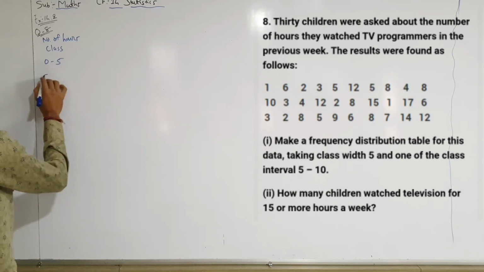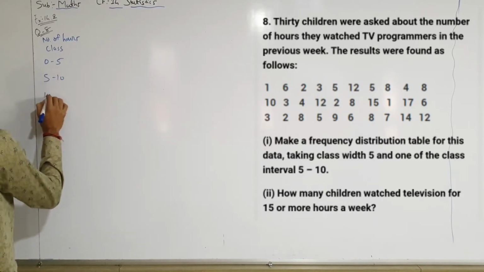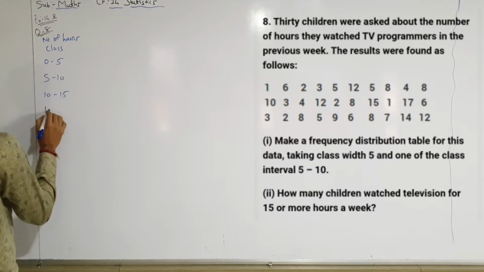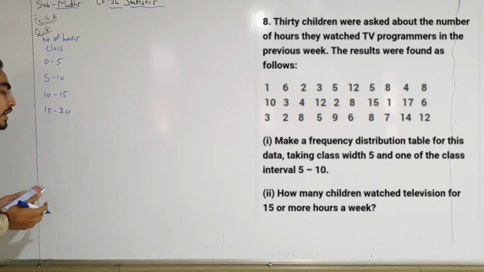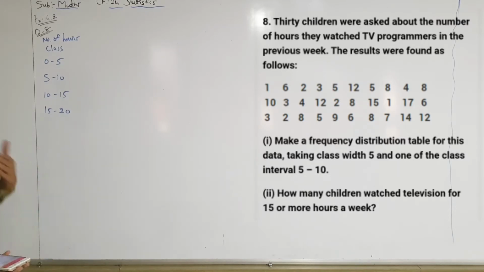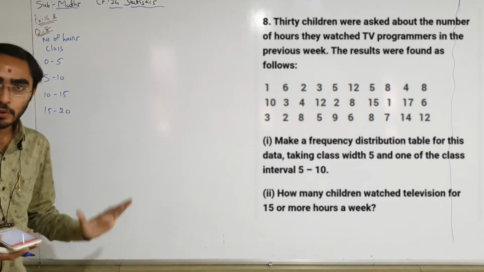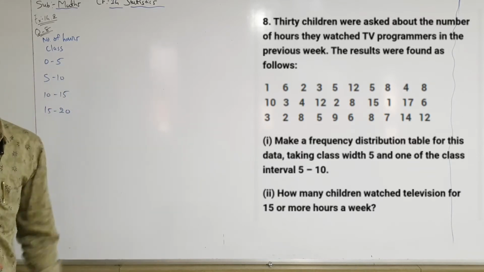After that 5 to 10, then 10 to 15 and 15 to 20. So students, here our largest number, that is 17, is covered in 15 to 20. So after that we do not need to write any more classes. Here we can stop our class intervals.